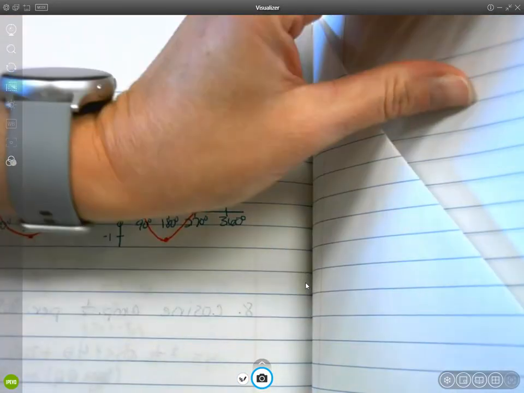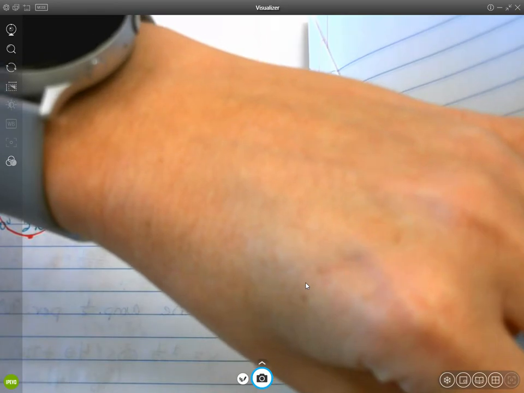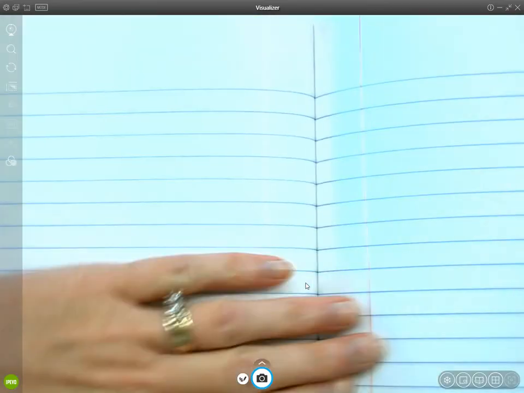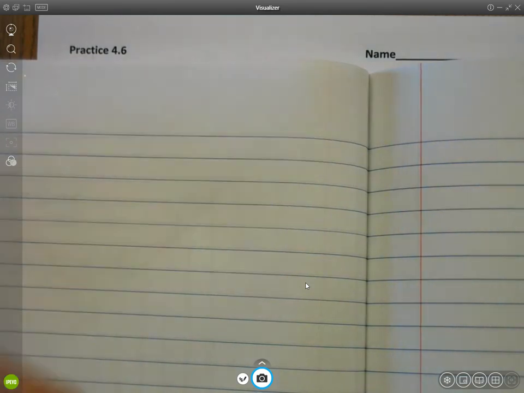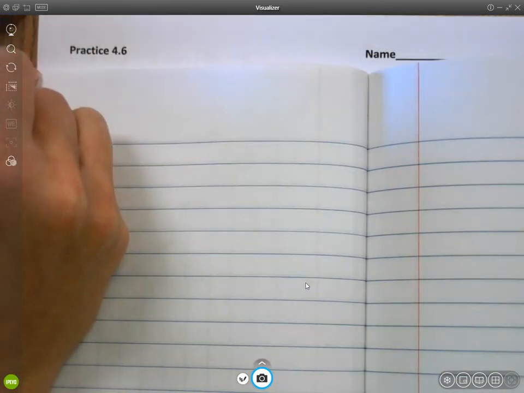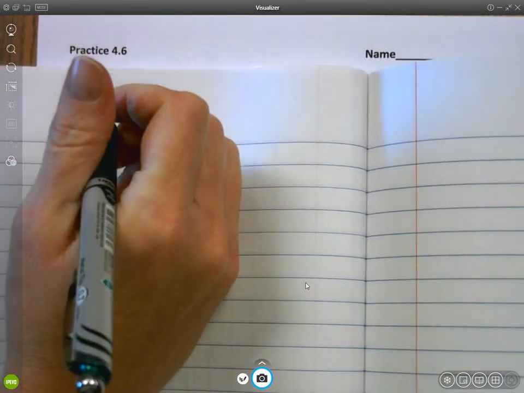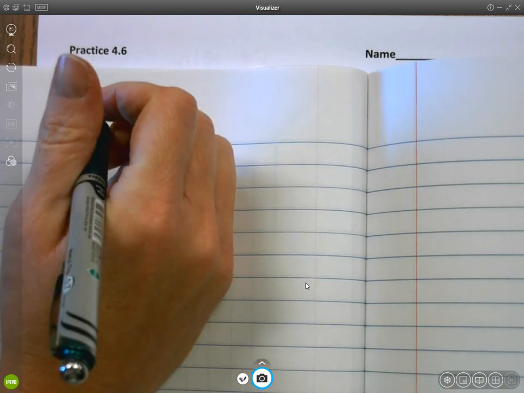And then on the back of the pocket that we have made, we're going to start section 4.6, which is graphs of other trig functions.